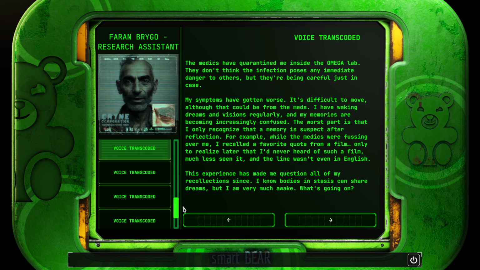The medics have quarantined me inside the Omega Lab. They don't think the infection poses any immediate danger to others, but they're being careful, just in case. My symptoms have gotten worse. It's difficult to move, although that could be from the meds. I have waking dreams and visions regularly, and my memories are becoming increasingly confused. The worst part is that I only recognize that a memory is suspect after reflection.